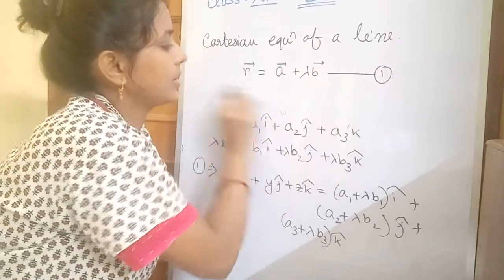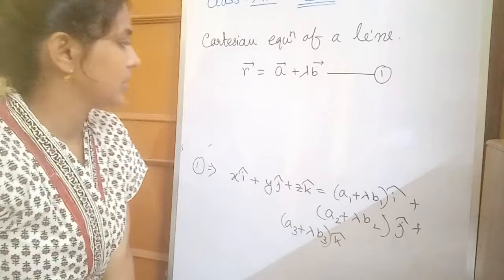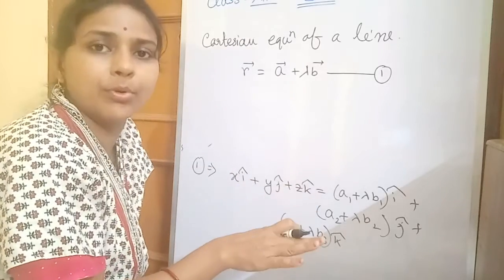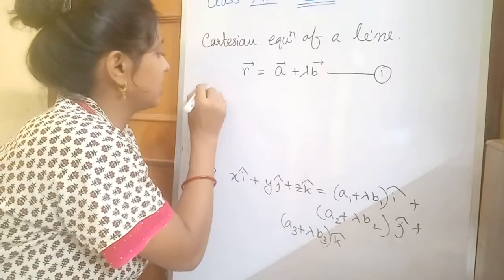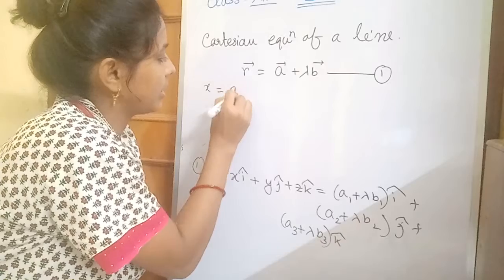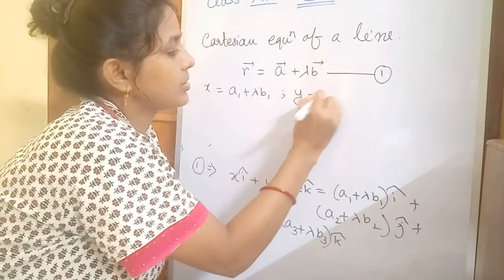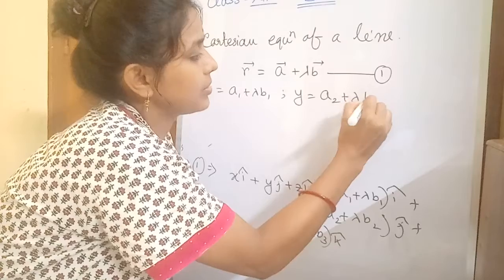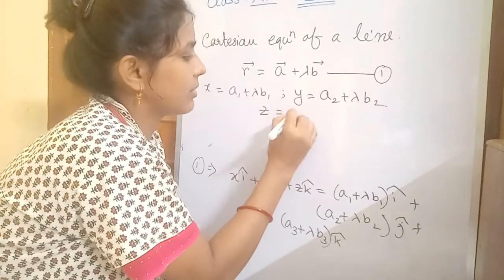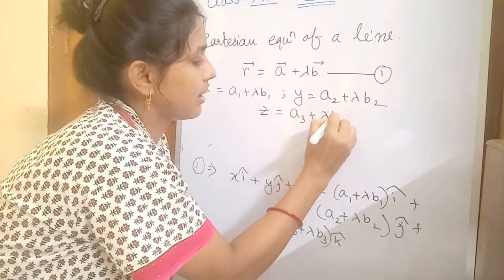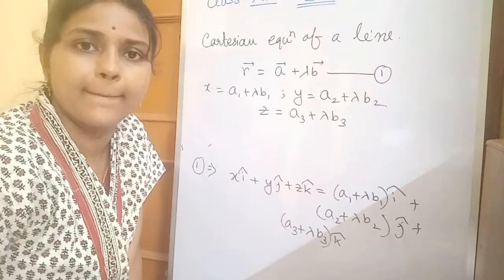Comparing both vectors, we get x equals a1 plus lambda b1, y equals a2 plus lambda b2, and z equals a3 plus lambda b3.